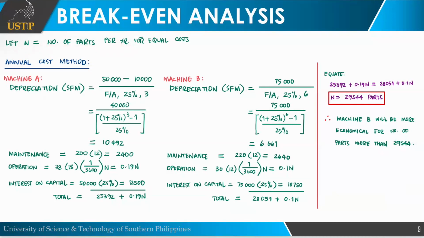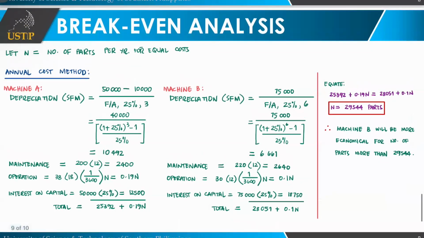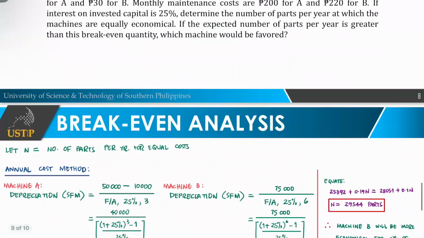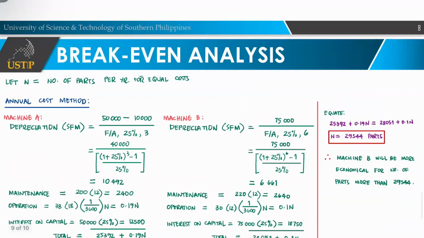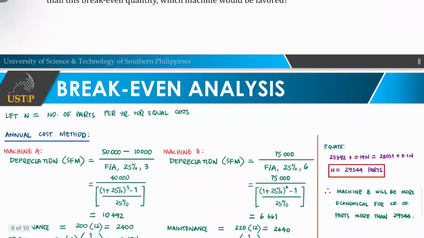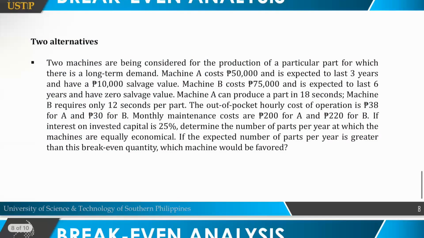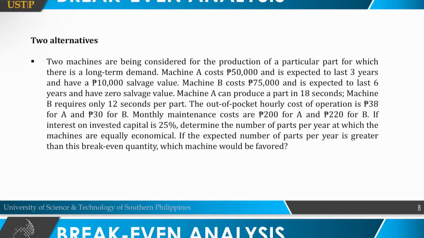So what we do is convert the 18 seconds and the 38. The hourly cost of 38 pesos per hour is like your variable cost. But the 18 is the time to produce one part, 18 seconds.